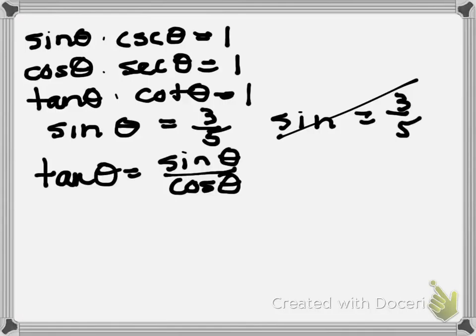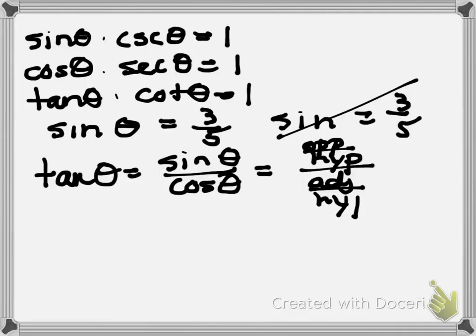Okay, let me show you that the tangent of theta is equal to sine of theta over cosine of theta. So the sine is equal to opposite over hypotenuse, and cosine is equal to adjacent over the hypotenuse.